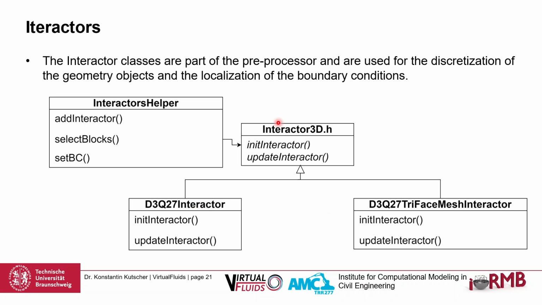Here is the abstract class, and you can see two important methods: init interactor and update interactor. Init interactor, in principle, starts this discretization process. Update interactor you can use in case something changes during your simulation, for example if you have some moving geometry.